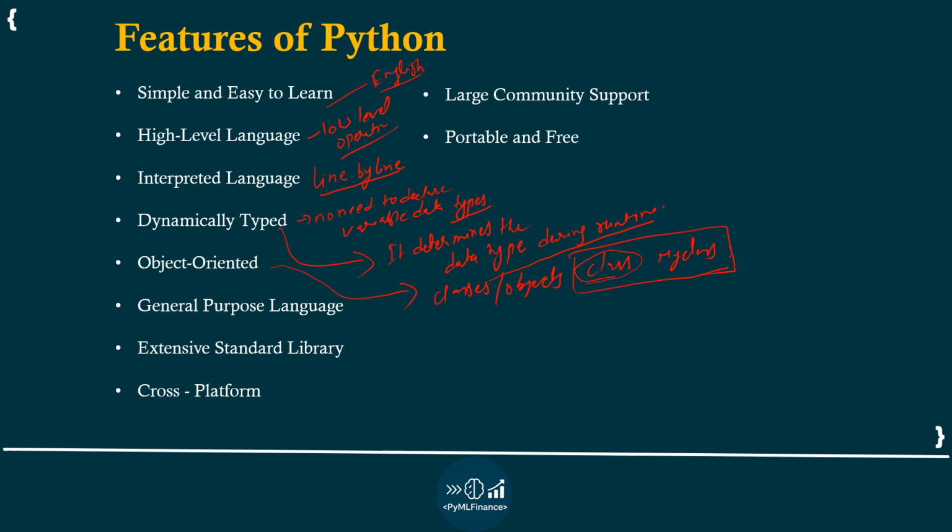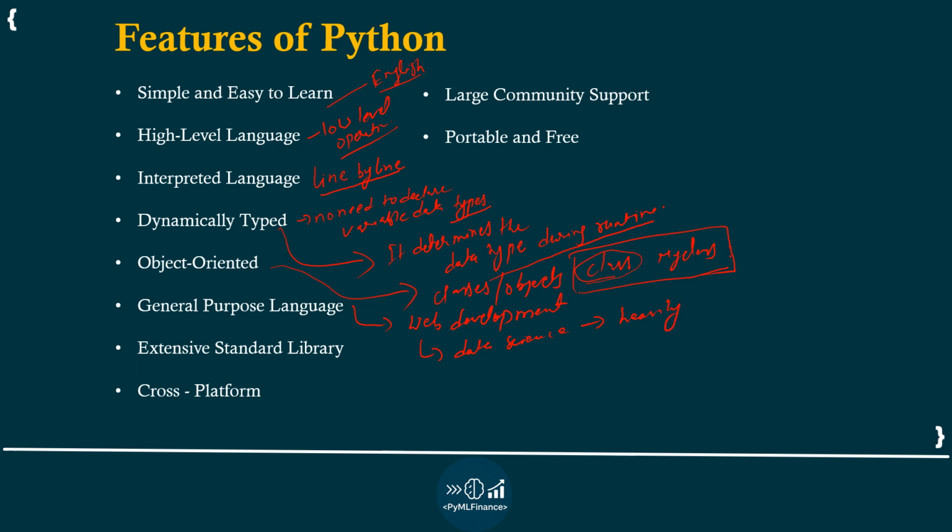The next would be Python is a general purpose programming language. Python is used in various fields, in web development. You can use it in data science related work.